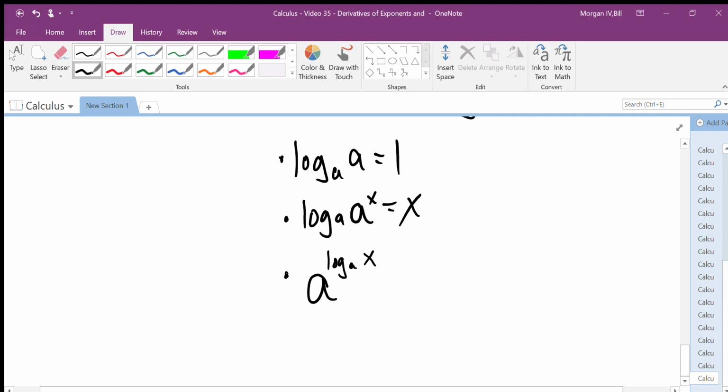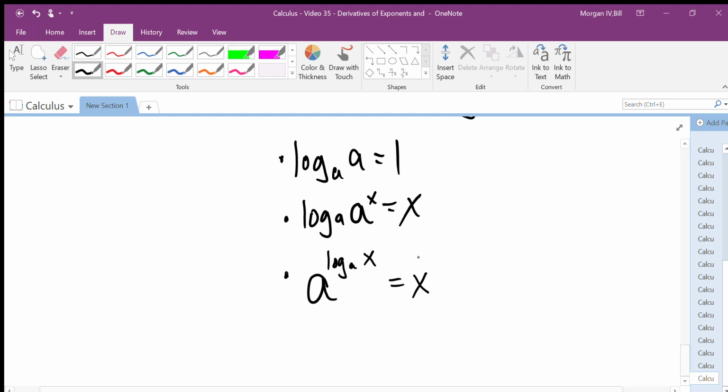Again, this is an exponential function, a to some power, of log base a of x. That's a composition of a logarithm and an exponential, and because they are inverse functions, you always get what you put in. So we put in x, we also get out x.